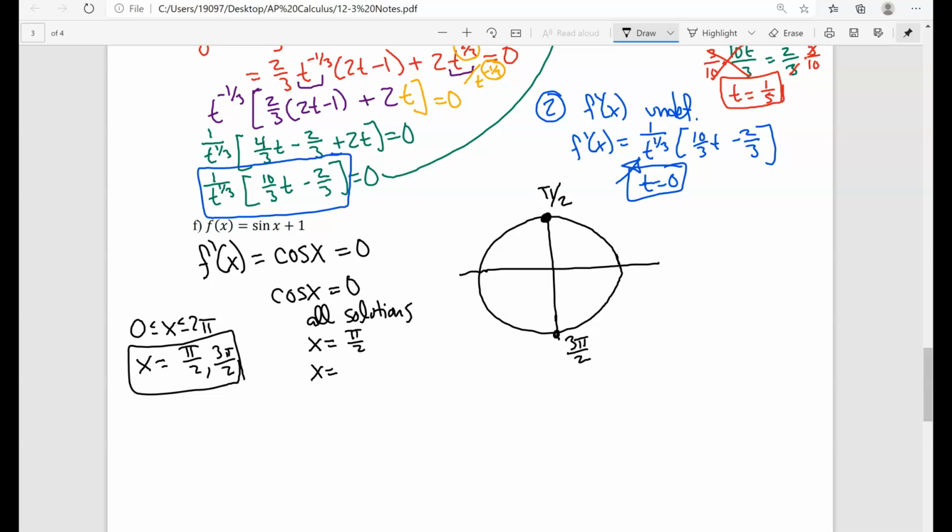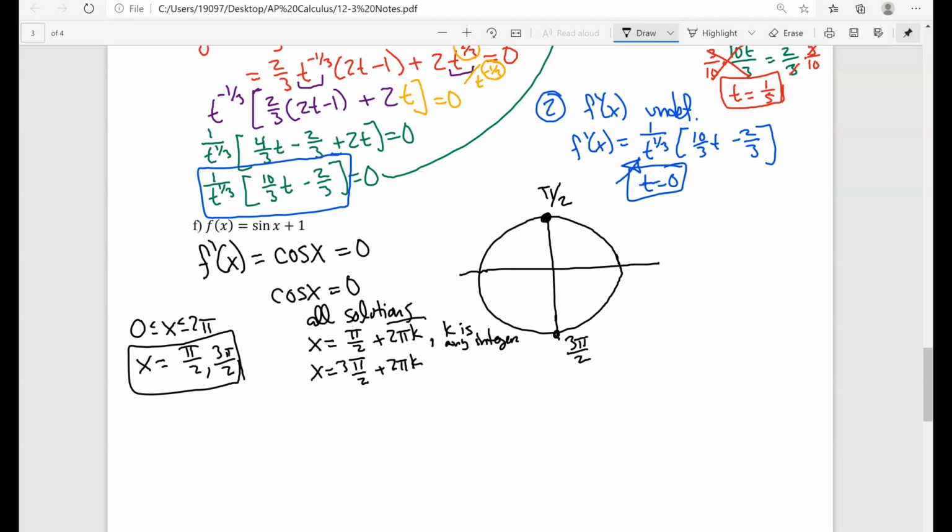So pi over 2 plus 2 pi k, and 3 pi over 2 plus 2 pi k, and we'll condense it a little bit. Here k can be any integer. So that means k can be 1, 2, 3, -1, -2, whatever you want.